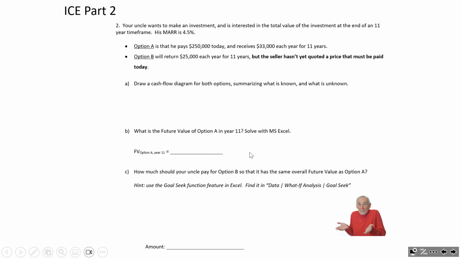Calculate the future value of option A, and then I give you a hint for this third part of how to find out what would be an equivalent price to pay for option B so that it has the same overall future value as option A. And the easiest way to do it is just to iterate the price paid using goal seek. So for now, start by drawing the cash flow diagram and then try and calculate the future value for option A.